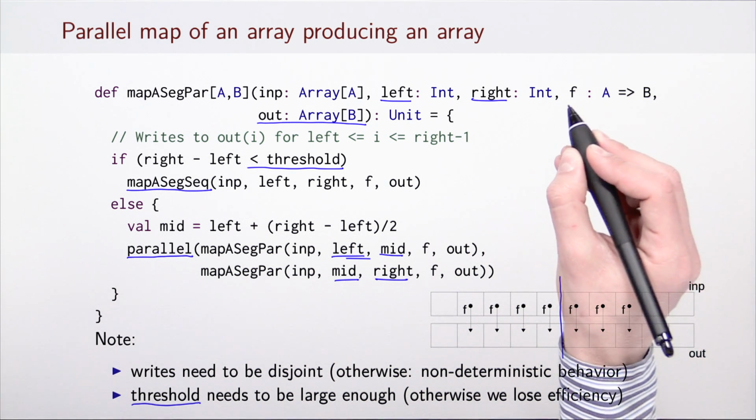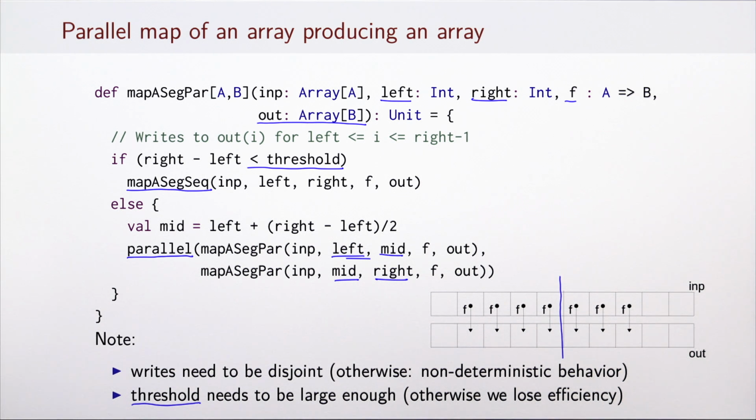If the function f is relatively simple, then performing this write to one index of an array is going to be several orders of magnitude cheaper than invoking parallel computations. So the overhead of parallelization will need to be somehow amortized over the number of times we are invoking these writes to individual indices of the array. And that's why threshold needs to be several orders of magnitude as well.